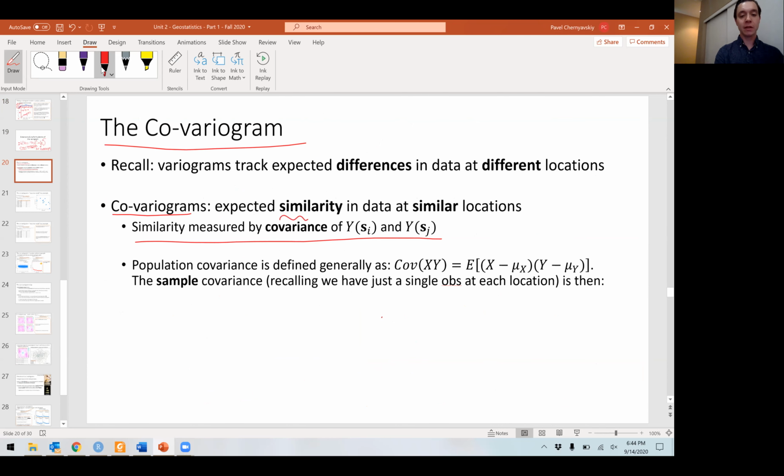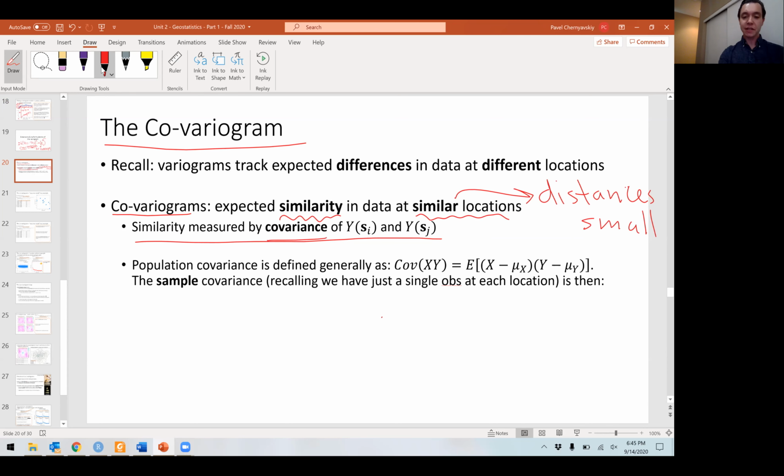So how similar are the data when locations are similar? Similar locations means the distances are small. Roughly speaking, it's sort of the inverse of the variogram. So similarity in data is measured by the covariance.